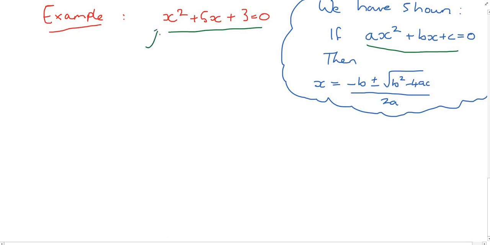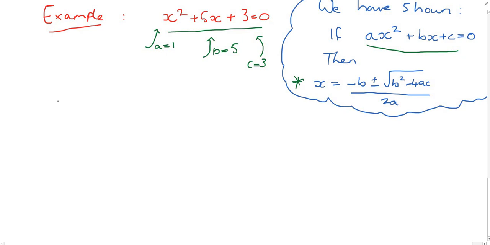So the coefficient in front of x² is 1, which means our a equals 1. The coefficient in front of x is 5, which means b equals 5. And finally c equals 3. So now all we have to do is input a, b, and c into here.